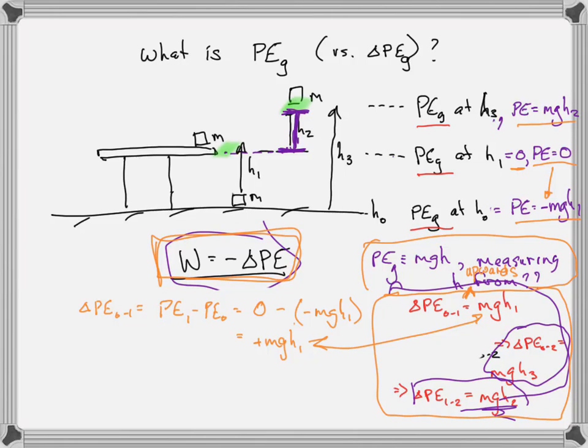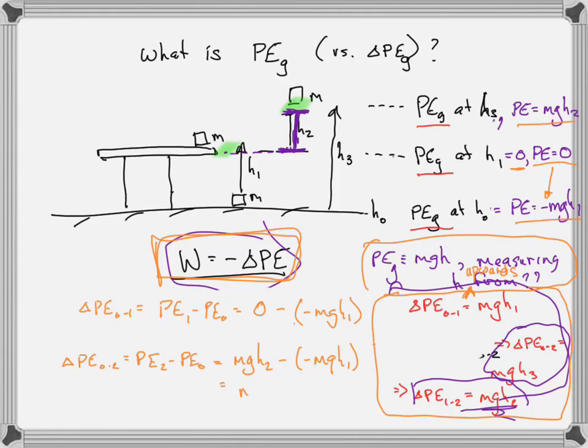And the change in potential energy to 2 is PE2 minus PE0. We have to fill in PE2, mgh2, and PE0 is minus mgh1. So minus a minus mgh1.